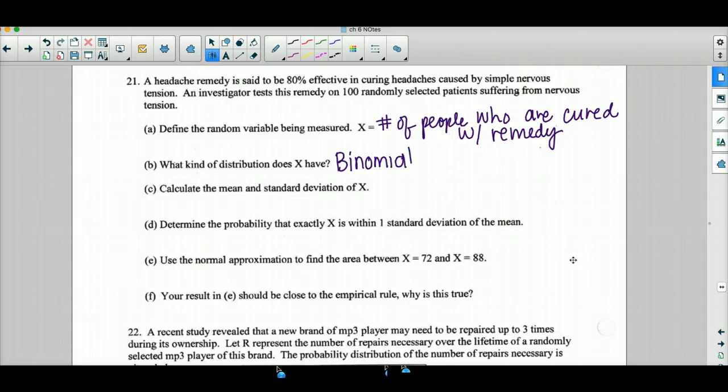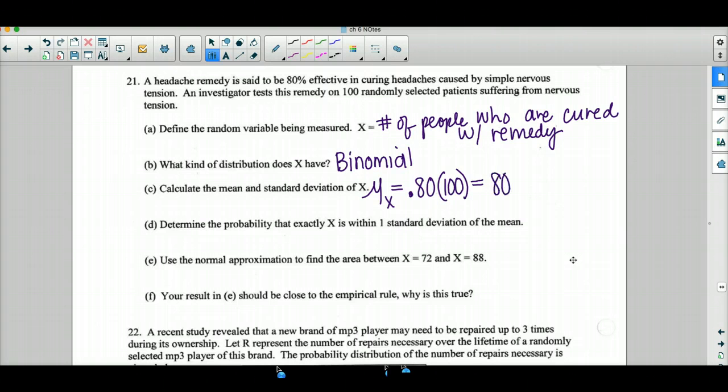It would be binomial. If they said why, it's because you have 2 outcomes. You're either cured or you're not cured. Each person's headache is independent, and we haven't oversampled the population, only sampling 100 people. The number of trials is set because we have 100 people, and the probability of success is 80% every time. Calculate the mean. So the mean would be 0.80 times 100.